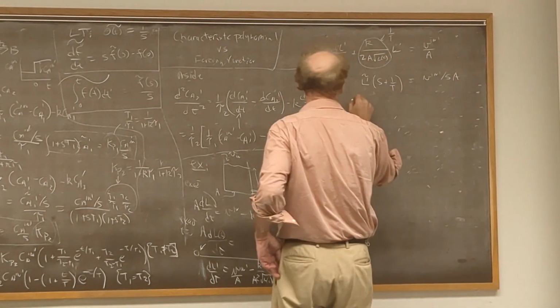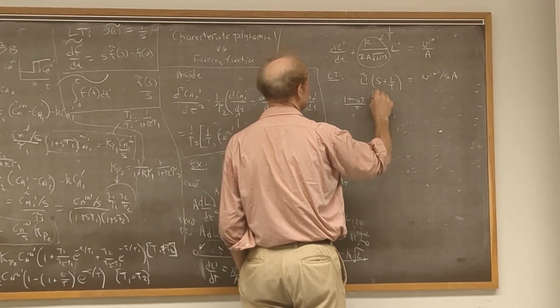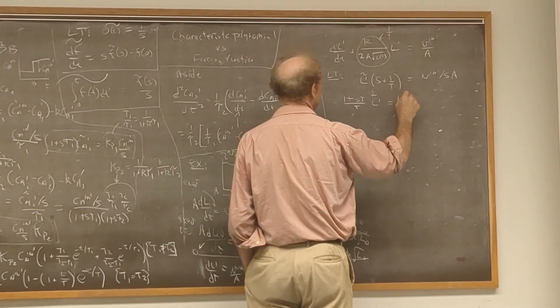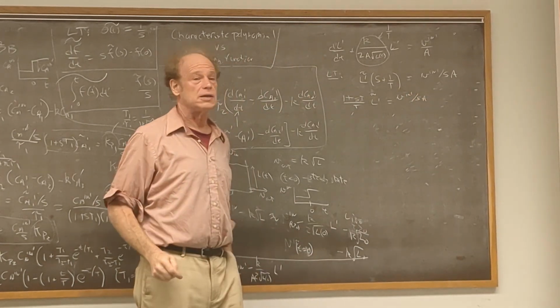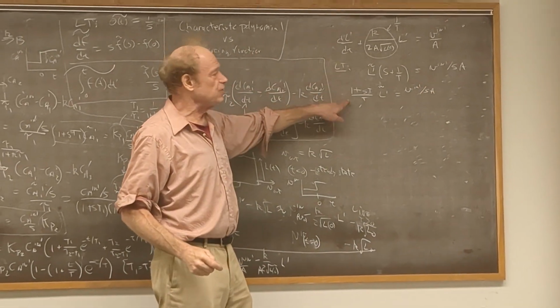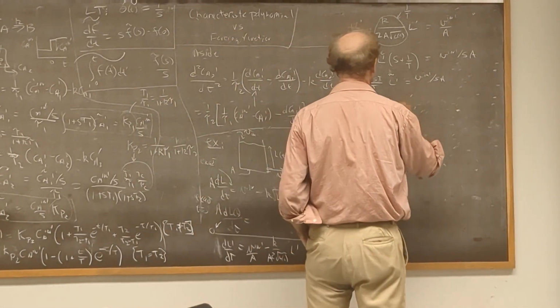And so this is 1 plus st over t times L prime tilde is equal to V in prime over SA. And again, let's notice I had one derivative here, so I have a linear equation here. Now I can bring all this to the other side of the equation.